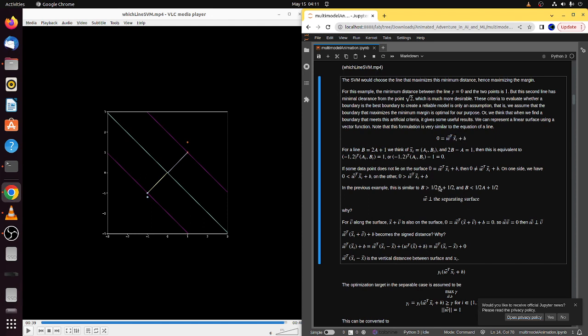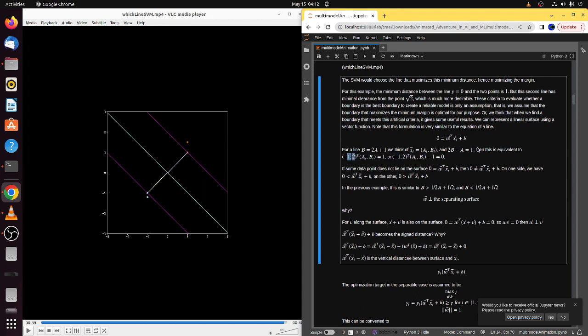So b equals half a plus a half can be written as 2b minus a equals 1. The coefficient with a is -1, and for b is 2, so we put it into the vector -1, 2 times a, bi, equals 1.